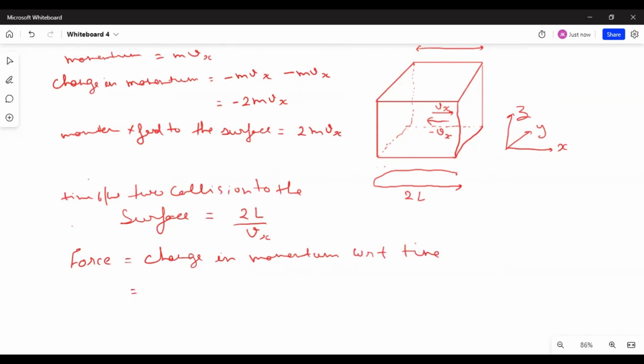The change in momentum that was transferred to the wall was 2mvx, and the time was 2L by Vx. So the force will be mvx square by L.